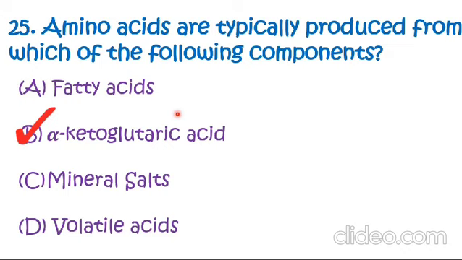It is a very crucial intermediate in the citric acid cycle, and also serves as the key precursor for the biosynthesis of several amino acids, which is activated in the transamination reaction. So our correct option is alpha ketoglutaric acid.